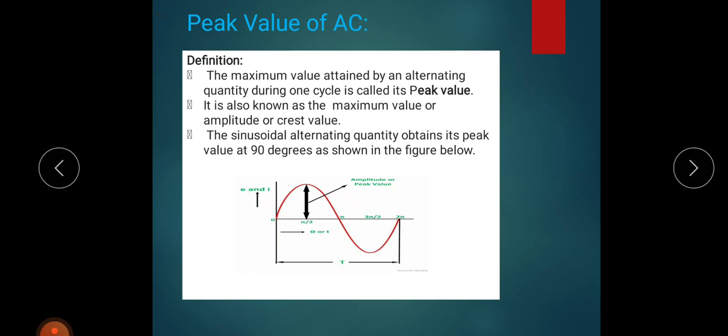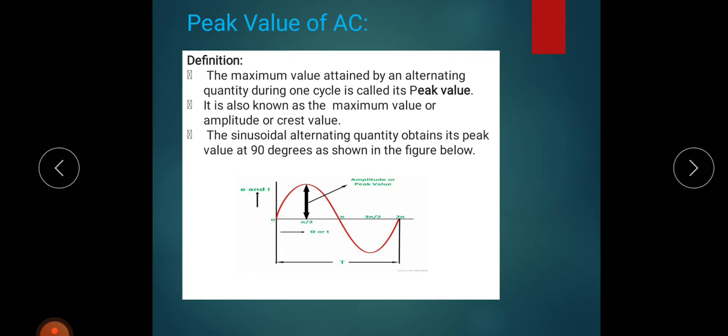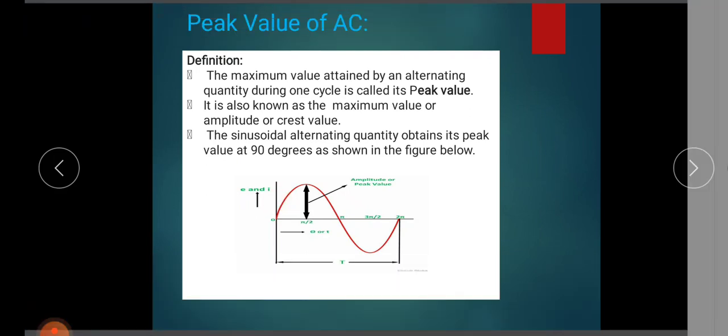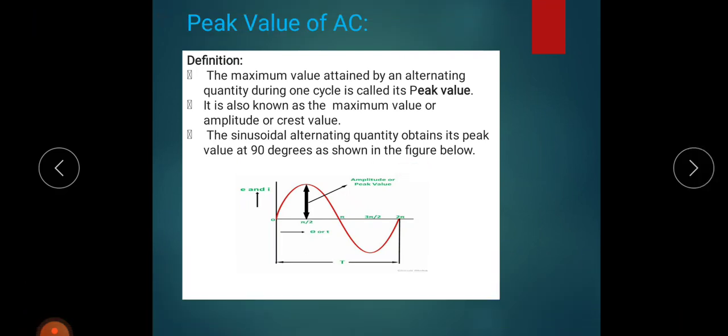From this point to the maximum level is taken as pi by 2. Next, the positive half cycle includes the angle pi, 180 degrees. Next, the negative half cycle includes the angle pi.